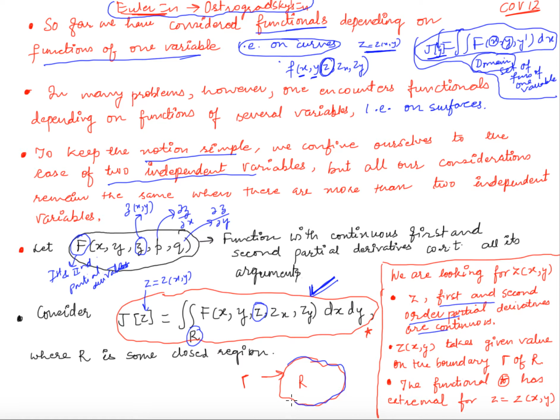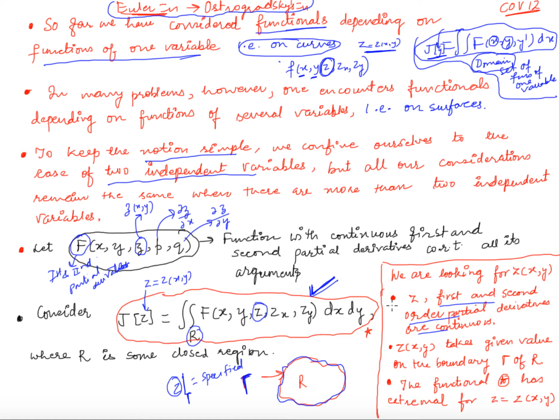Let's call that boundary gamma. I'm sorry, this is gamma, and we assume that z has a fixed value. Z at capital gamma is pre-specified.